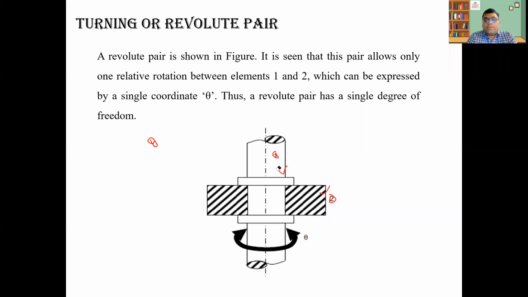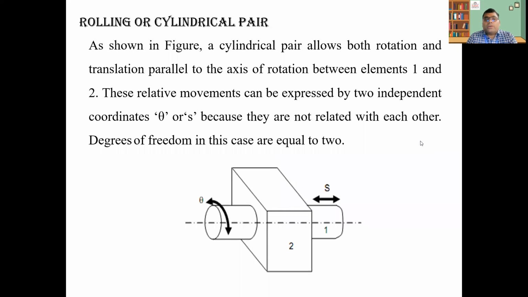So let's see the next, the rolling or cylindric pair. As you can see here, this pair allows both rotation as well as translation: translation parallel to the axis of this cylindric pair, and rotation about this axis.